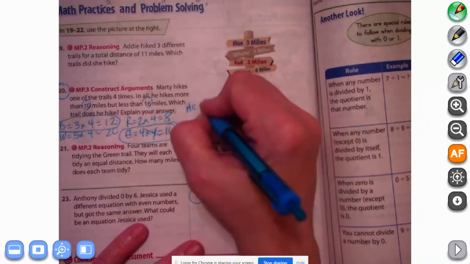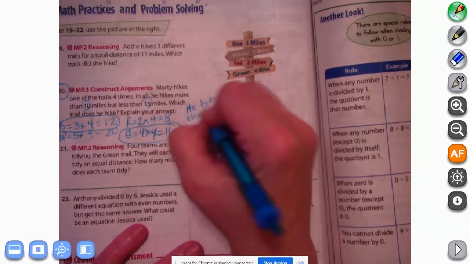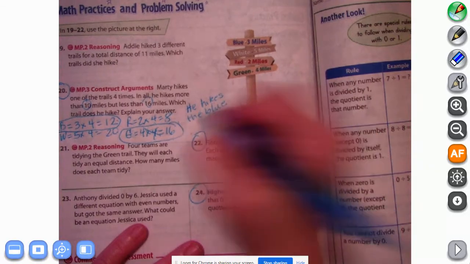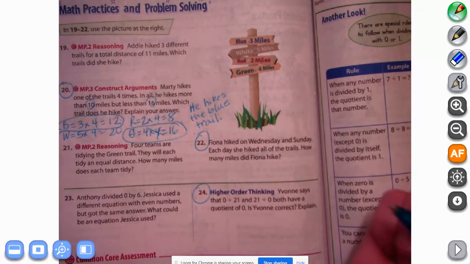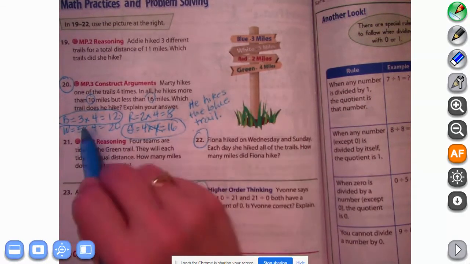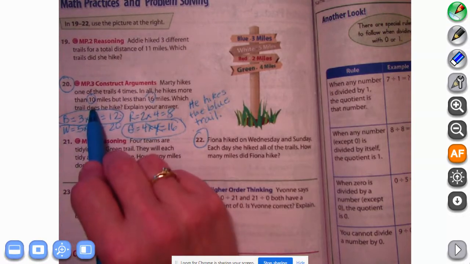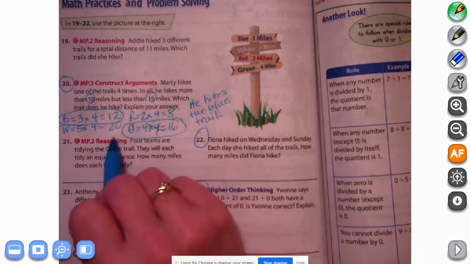So he hikes the blue trail. Okay? And the reason we know that is because it's the only one that falls into the other directions. So we solved it just so we could see these answers here.